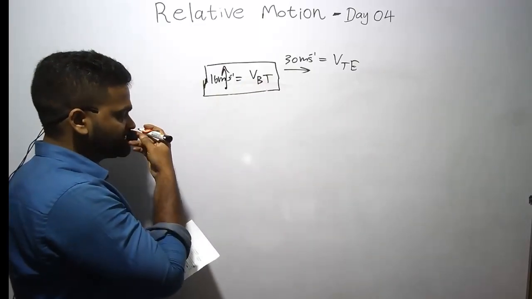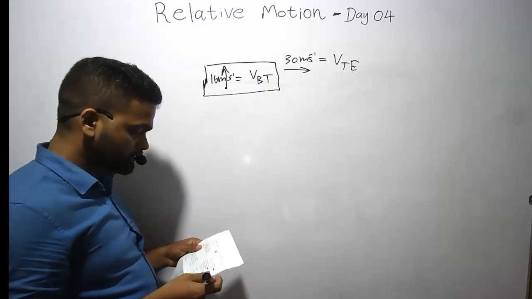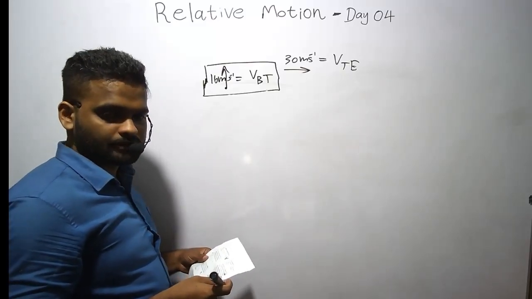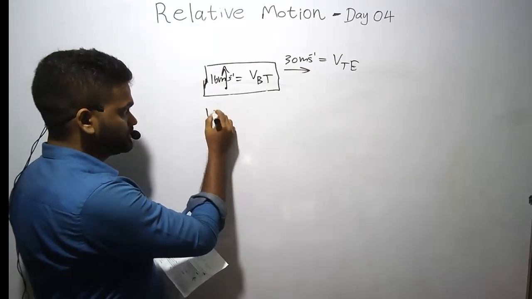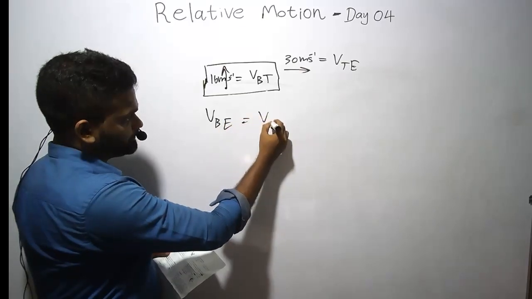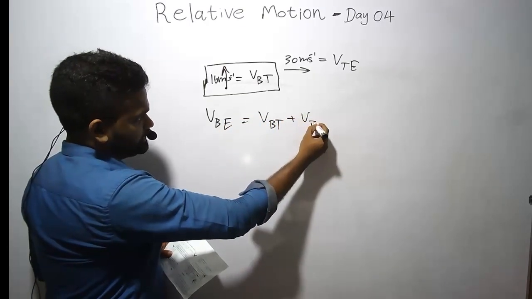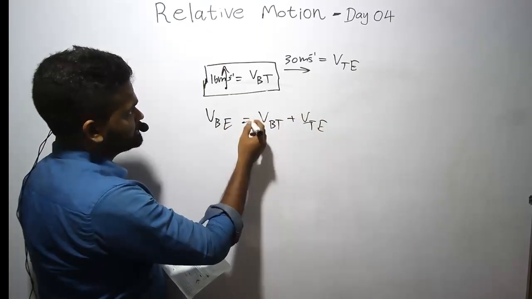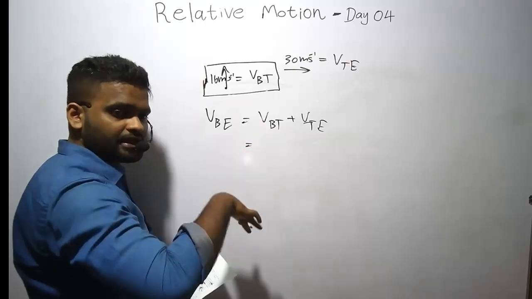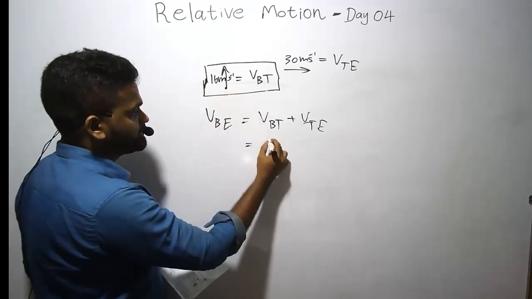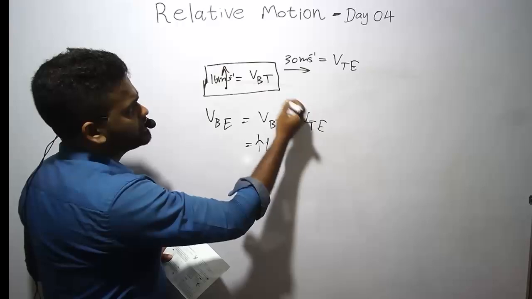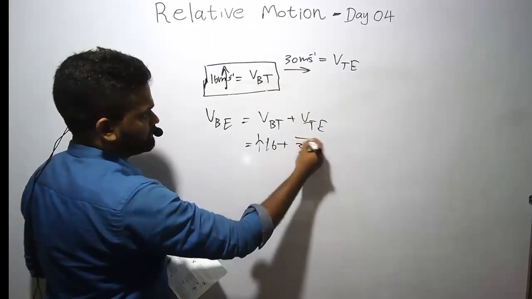So what they ask is the velocity of the ball relative to earth. So VBT plus VTE. Substitute with the directions. VBT is 16 upwards, VTE to this side 30.